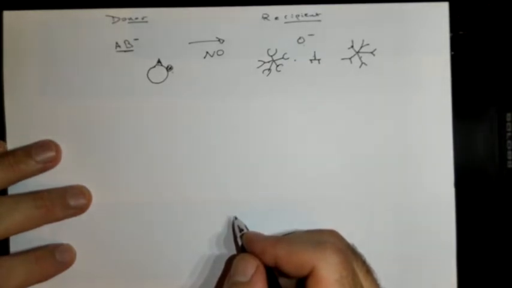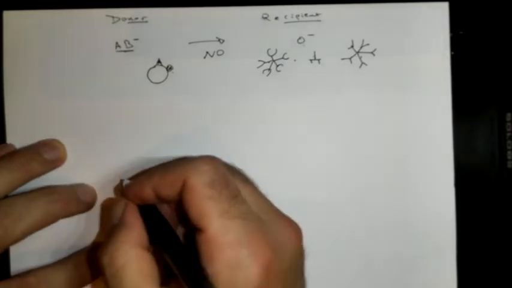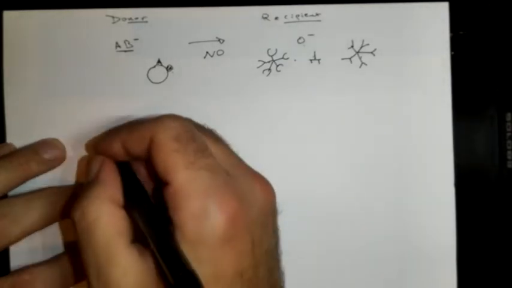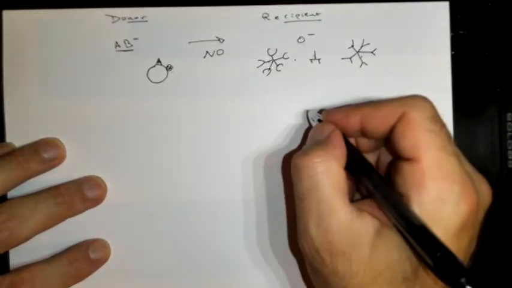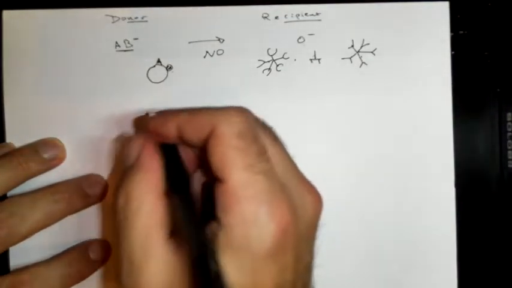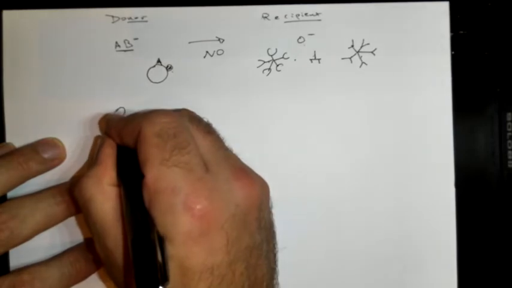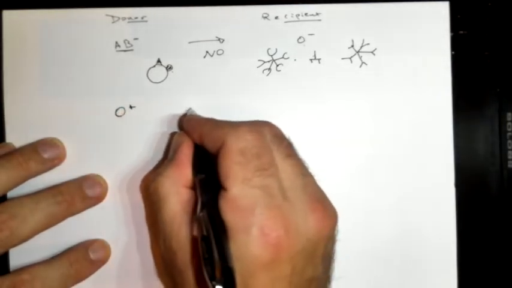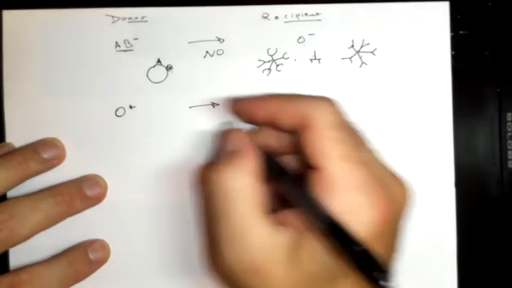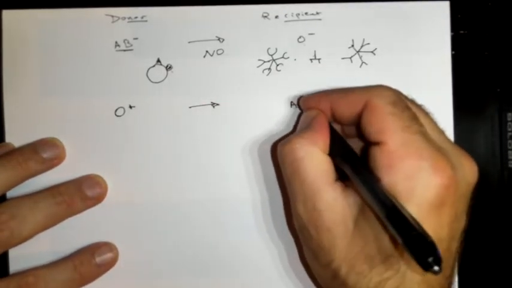And on the other hand, let's say that we have O positive to AB positive.